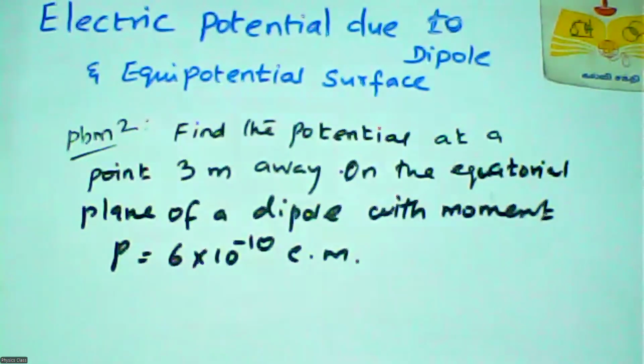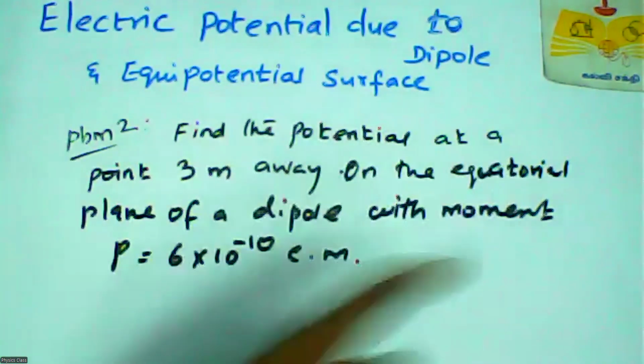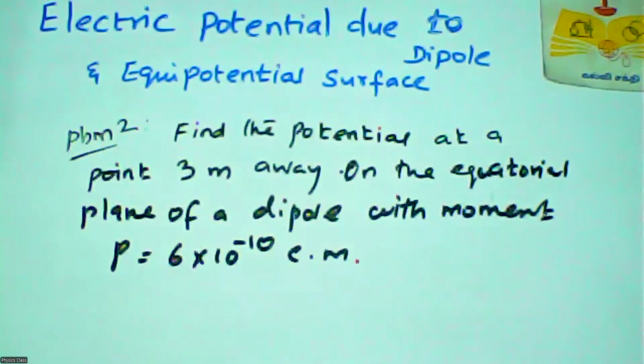So here we have to find the potential at 3 meter away on the equatorial plane, at equal distance from the dipole, with the moment P is equal to 6 into 10 power minus 10 coulomb meter.